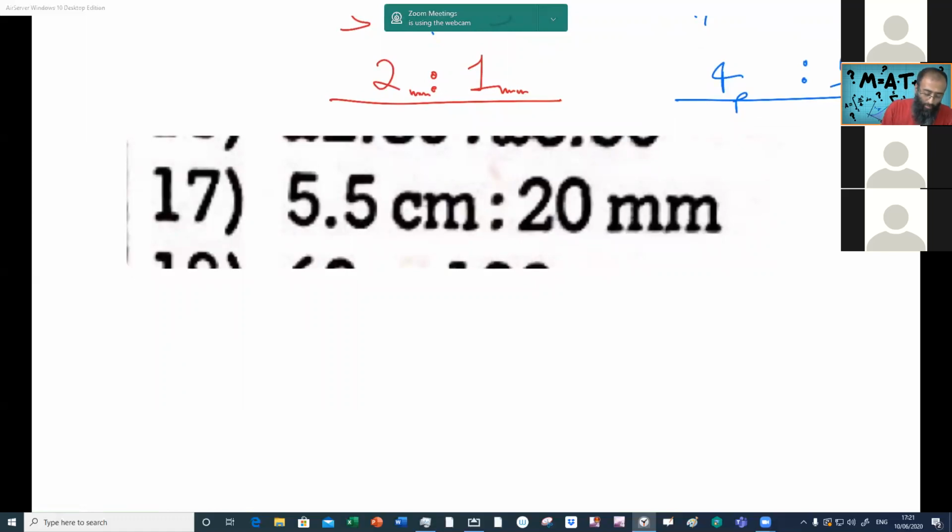Okay, you can. Right, so, Aisha, 5.5 centimeters and 20 millimeters. What should we change them both into, first of all? Centimeters.